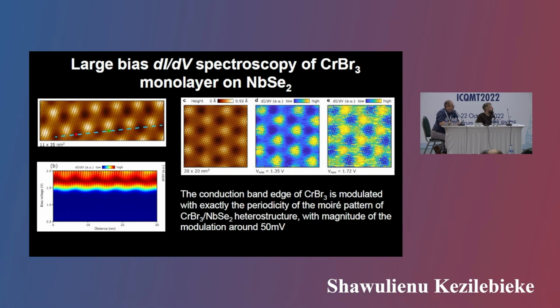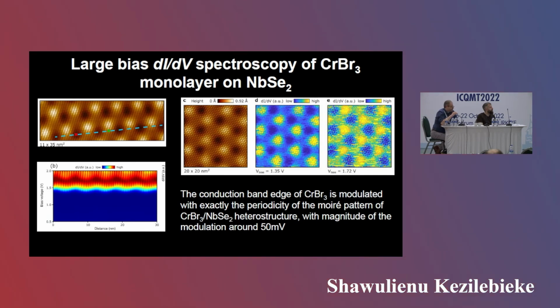How can we detect whether you have any modulation or not? The first thing we can look at is the conduction band of chromium bromide, and here is the STM topographic image. This is the tunneling spectra at large bias. What we are looking at here is the conduction band of chromium bromide. As you can see, this conduction band modulates exactly with the periodicity of the moire.